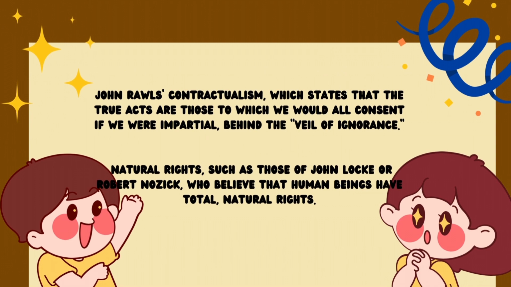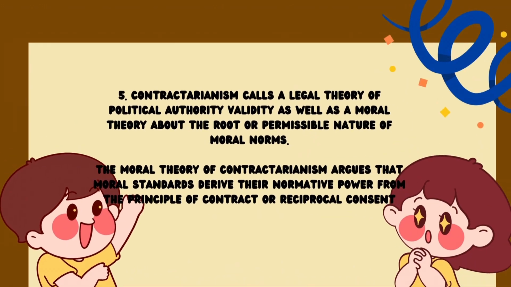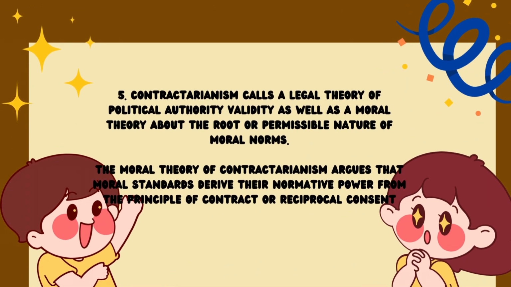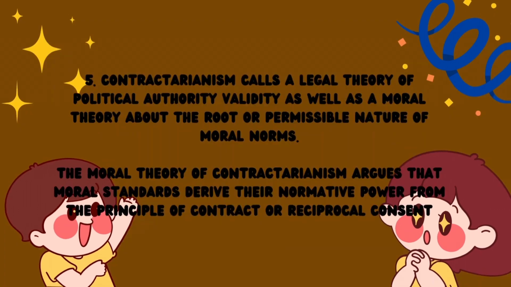Deontology states that what makes an act moral is what rules the person followed in deciding to take the action. Virtue ethics proposes that morality arises from having virtuous character traits, which are dispositions to think, feel, and act in certain ways. In contractarianism, moral standards derive their normative power from the principle of contract or reciprocal consent.